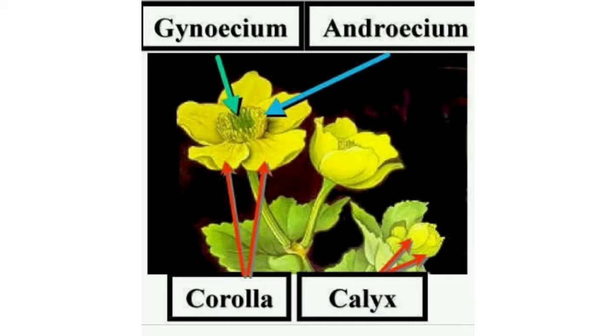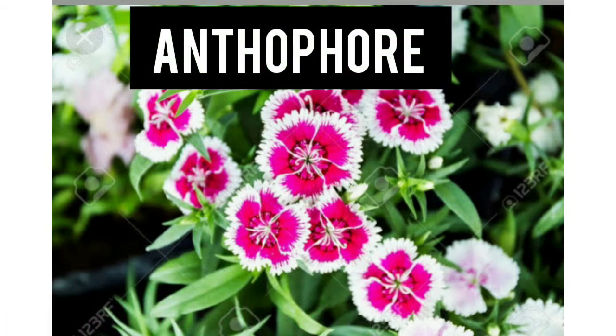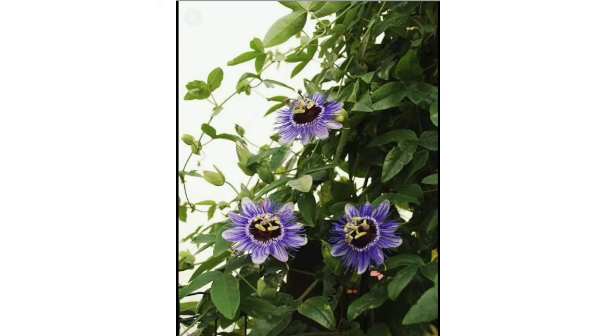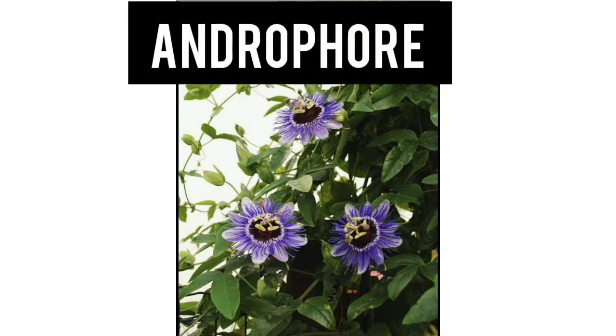In some plants, the length of the internode between calyx and corolla increases, and it is called anthophore. Example, Dianthus and Silene. If the length of the internode between corolla and androecium increases, it is called androphore. Example, Passiflora.